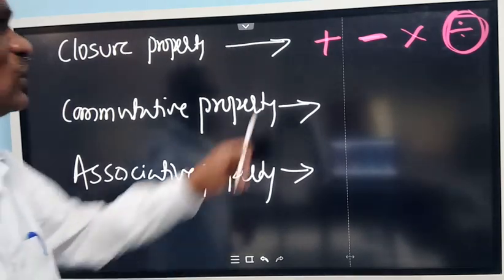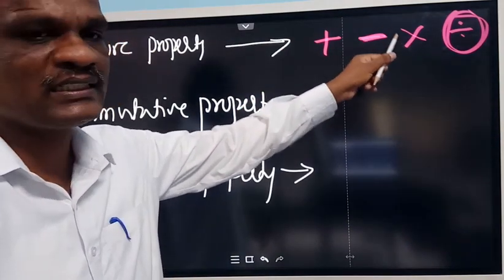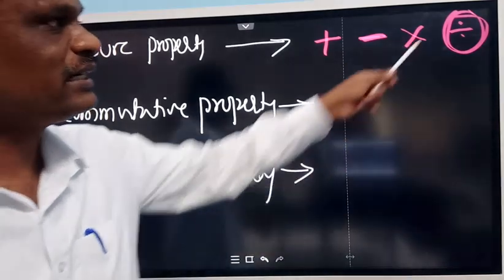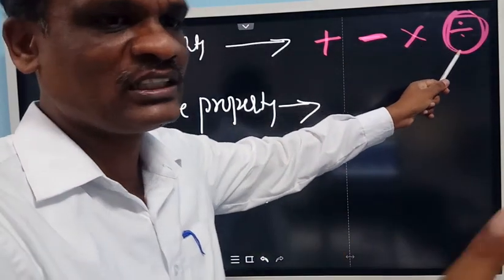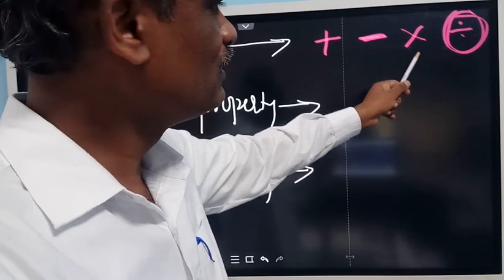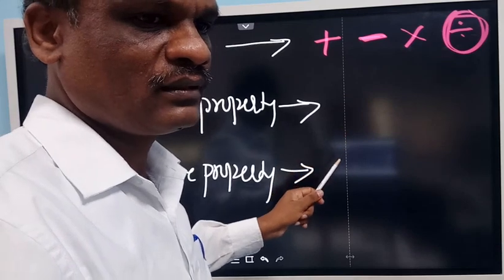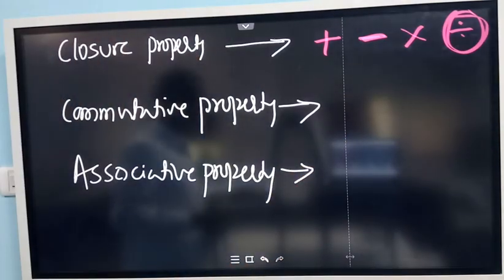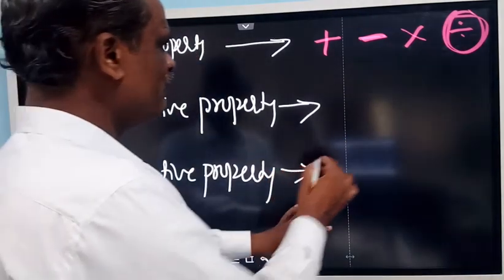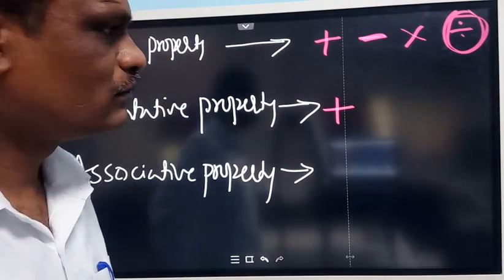See, rational numbers hold good under addition. It is closure property under addition, subtraction and multiplication. But not under division, because you remember that 0. That 0 is not making the closure property there. Is it clear? Okay. Come to the commutative property. Tell me whether rational numbers are commutative or not under addition.